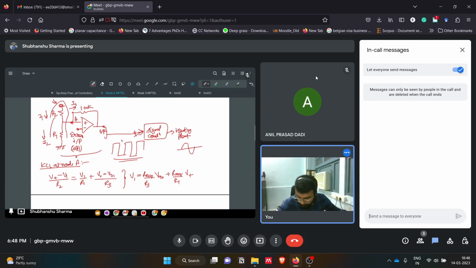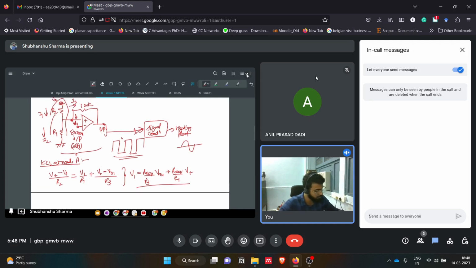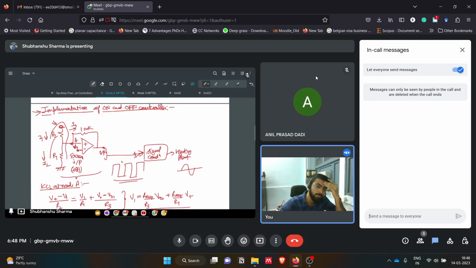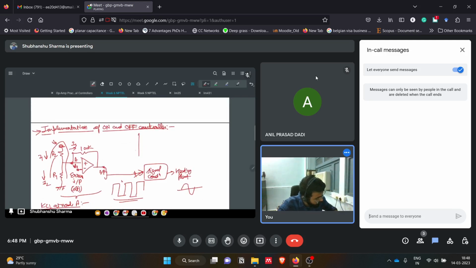So this was the V1 voltage we saw here. Now we got the output as R equivalent by this thing. Now if we go back to the lessons on Schmitt trigger, what did we study there? A Schmitt trigger has an upper threshold and a lower threshold.